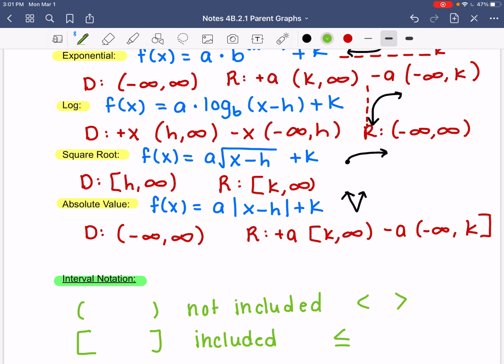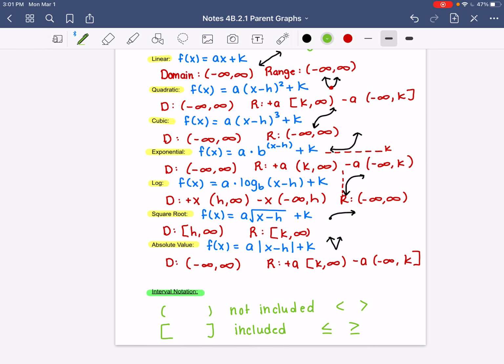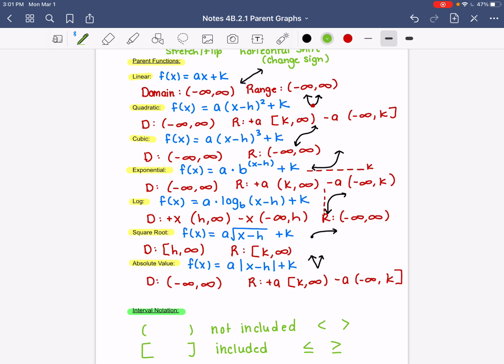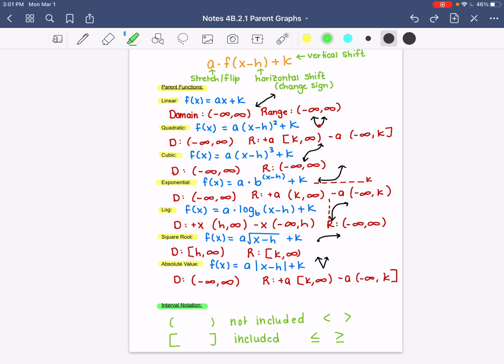It'd be like having an 'or equal to' underneath. So when we're looking at the domain and you see an asymptote, then you're always going to see a parenthesis with it. But with the parabola and the absolute value ones, those have brackets because it's included. There's no asymptotes, because asymptotes you get really close to but never touch.